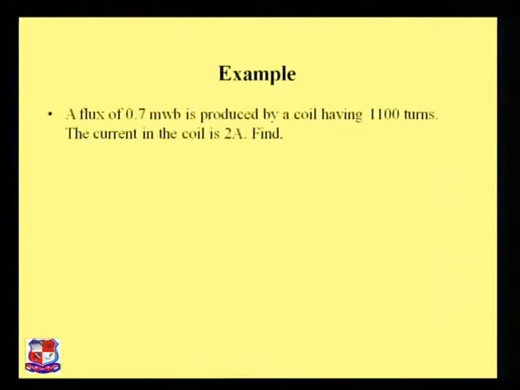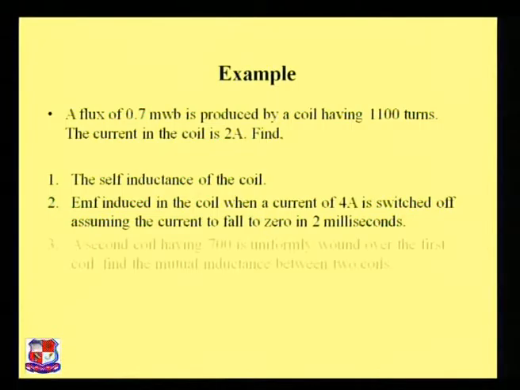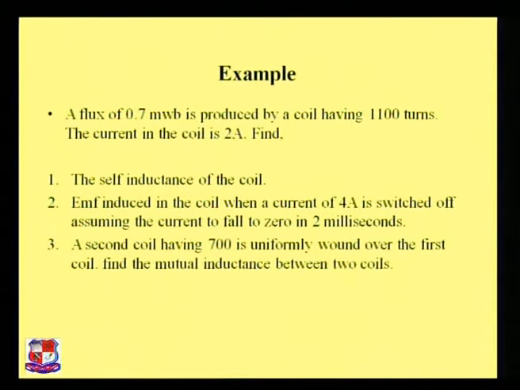Now we can have an example. Here the example says that a flux of 0.7 milliweber is produced by a coil having 1100 turns and the current is given as 2 ampere. So we have to find three things.